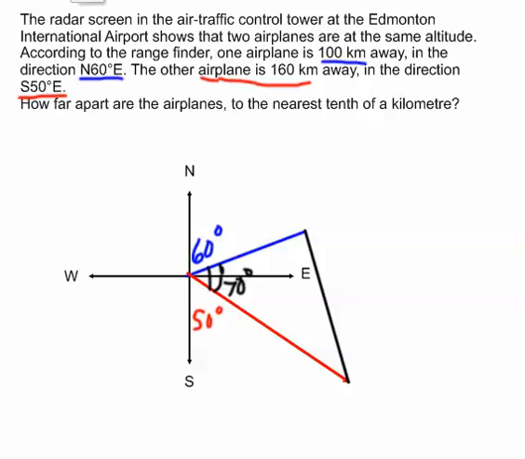Now to label it a little bit more, we could call this plane A and this plane B, and we can call this the tower. We know that this distance is 100 kilometers, and we know that this distance is 160 kilometers.